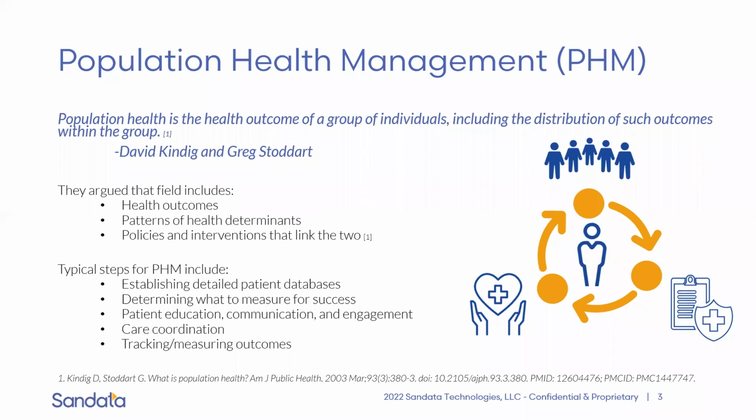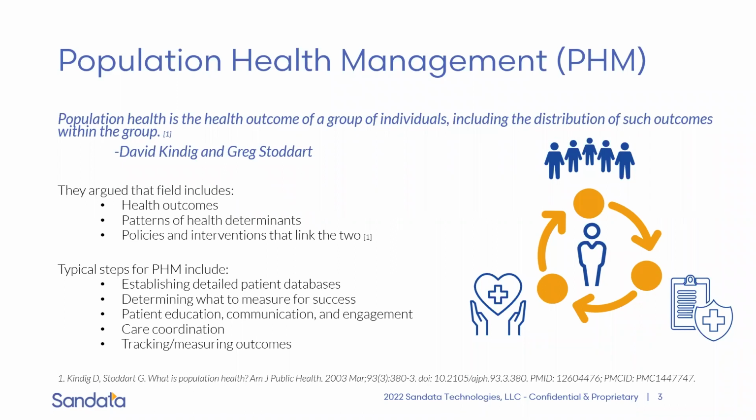They argued that the field includes these items. And if you take a look at the definition of population health management, you're going to see that it is the technical field that works to achieve population health, incorporating these factors and a variety of interventions in order to improve the overall health of a population of people.